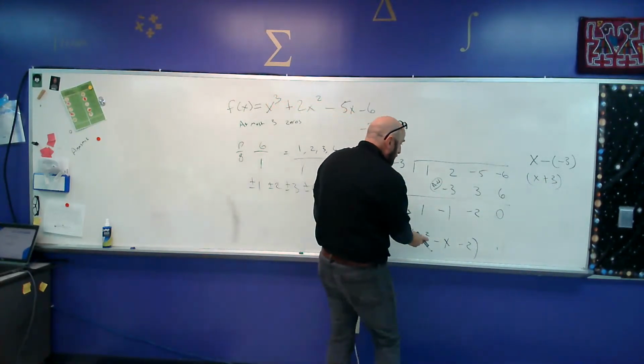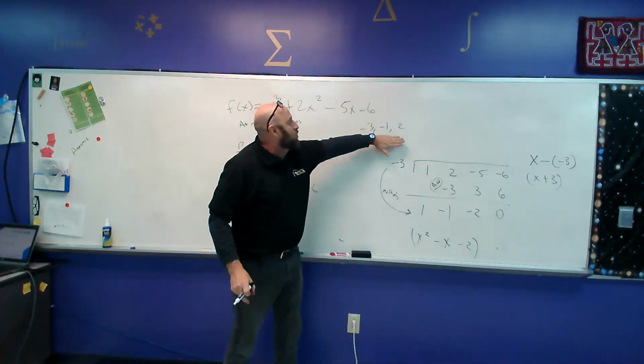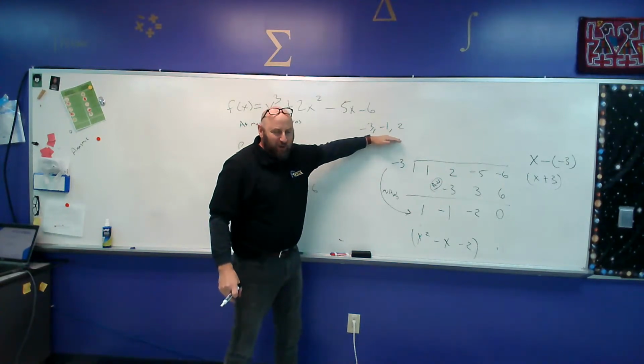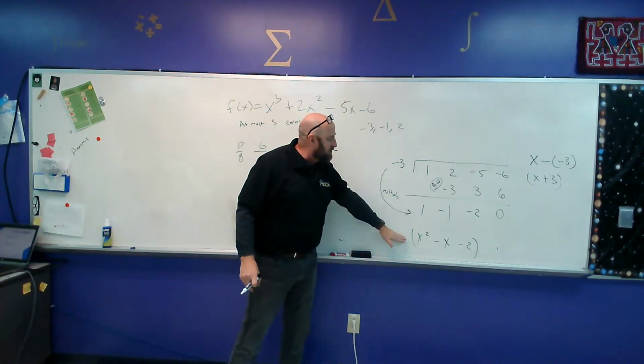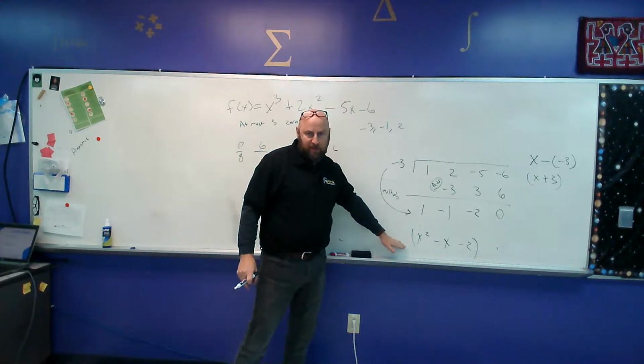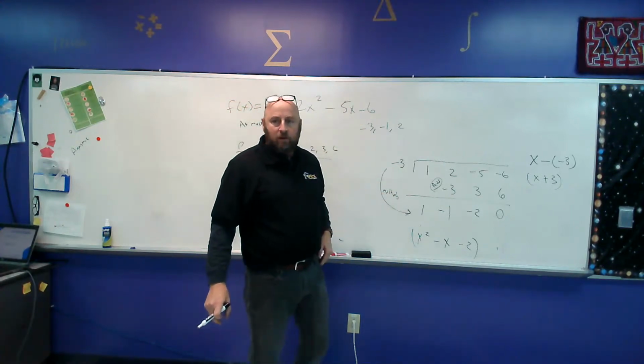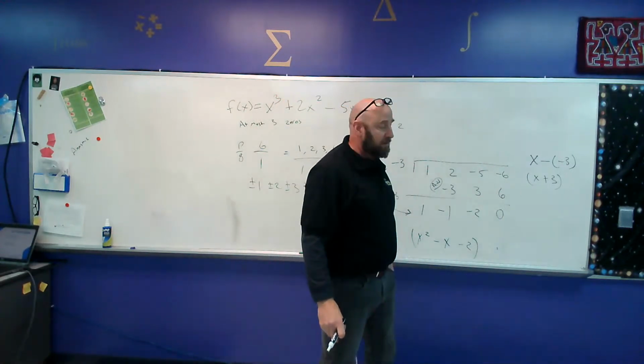If they are real zeros, then they'll also be factors of this. They have to be. It can't be a factor of the whole thing and not be a factor of this if you've already taken out the other factor.